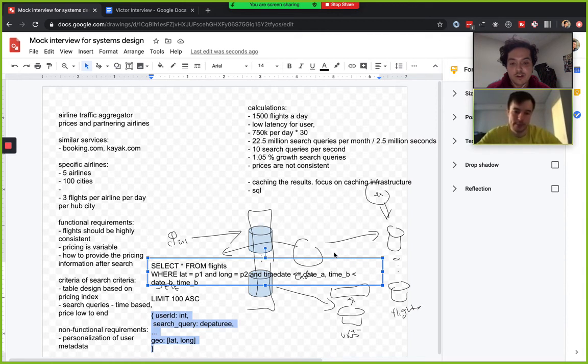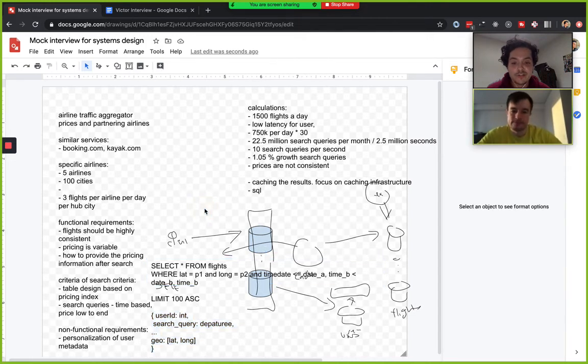Those results are noted and then put to the data store if enough of those geospatial relationships are found. And then on subsequent queries for different clients, if their longitude and latitude match and it's a highly popular destination and route for future customers, then you're improving that overall latency. Again, because we have such a reasonable amount of search queries per second, I think our overall SQL database design is fine.